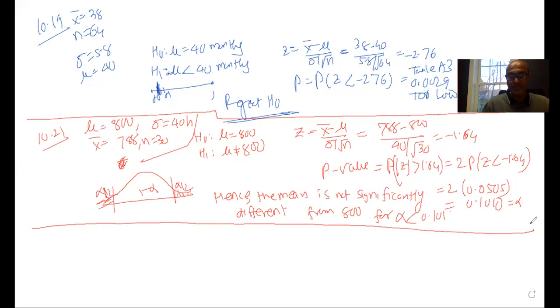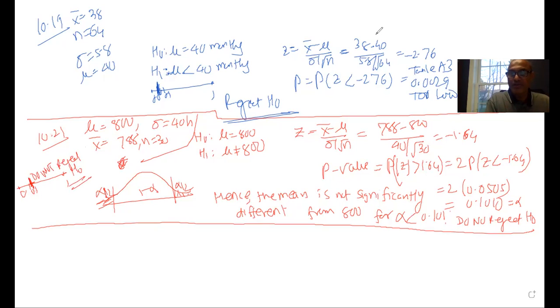And that's why do not reject your H0. So mean is not significantly different. So do not reject H0 at 0.1. As I told you, this is 0 and this is 1, 0.1 is somewhere over here. So do not reject H0. Okay, guys, let's go for another example.